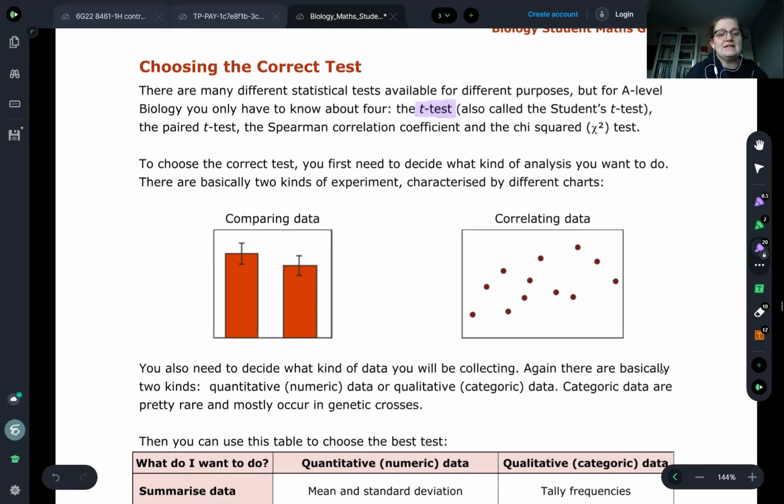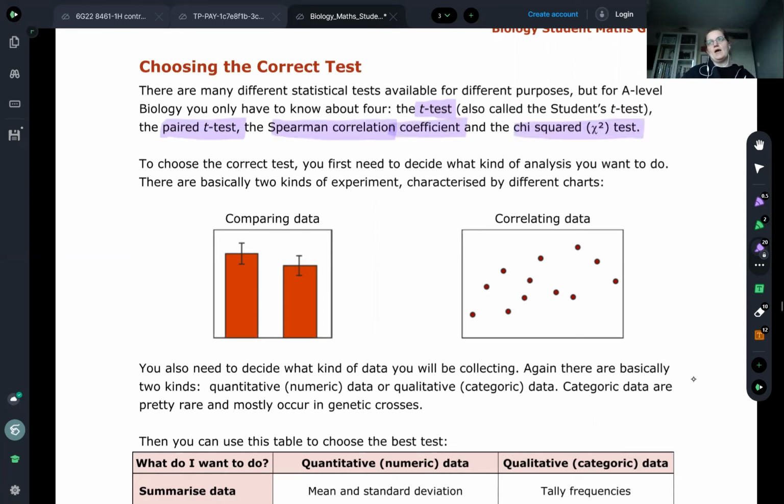There's the paired t-test, Spearman's rank correlation coefficient, I always forget to include that bit, and chi-squared. So we'll start looking at t-tests today. And then, yeah, that t-test, also called student's t-test, also sometimes called the unpaired t-test. You'll probably hear me calling it the unpaired t-test. It's what I'm used to calling it.